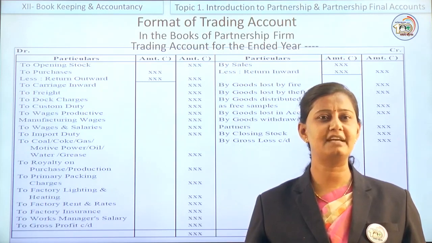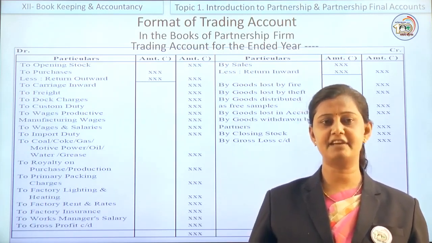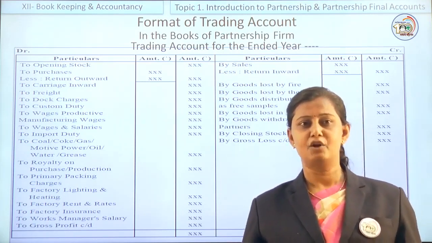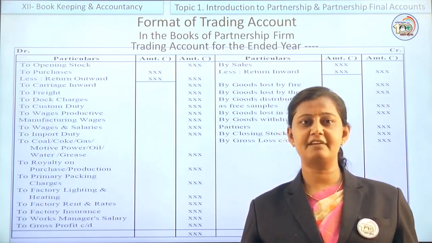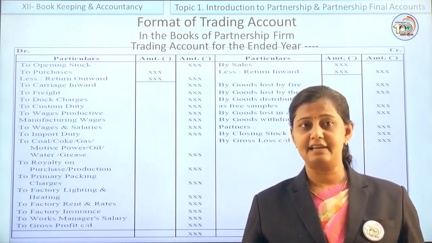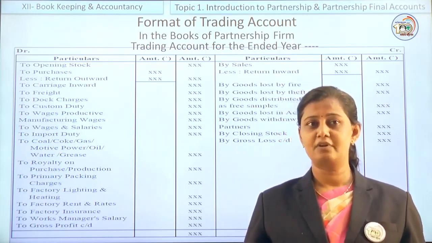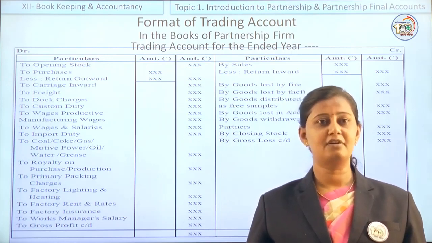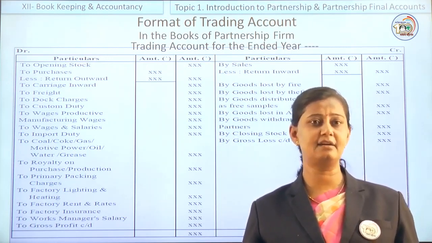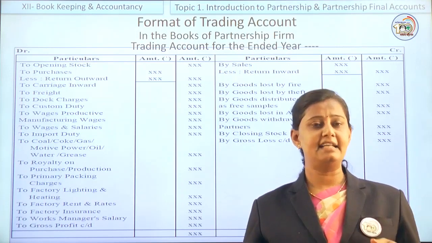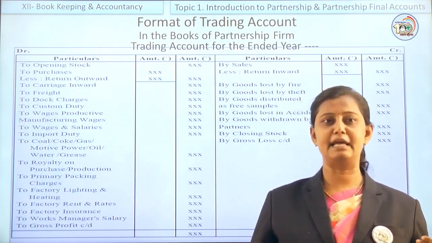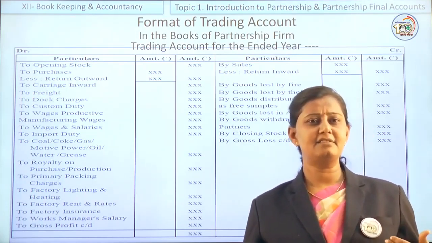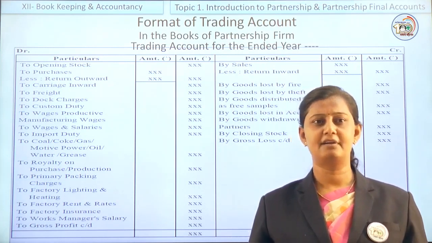Next one is wages, productive or manufacturing wages. In this format, productive and manufacturing wages are given. It refers to the amount paid to workers used for production. So it is considered a direct expense and it is recorded on the debit side of trading account. Next item is import duty.